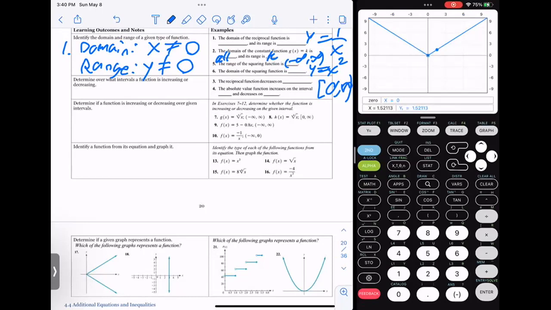Let's ignore x equals 0. So for x less than 0, is it increasing or decreasing? Decreasing. Yes. For x greater than 0, is it increasing? Increasing. Yes. As x goes up, y goes up. As x goes down, y goes down. Right?